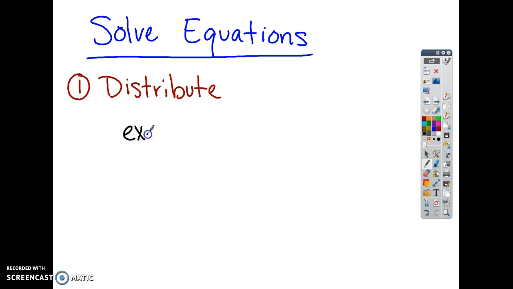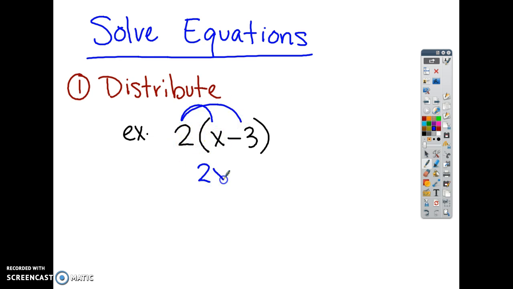For example, if you have 2(x - 3), you would distribute that 2 to the x and to the negative 3. So that would be 2 times x is 2x, and 2 times negative 3 is negative 6.